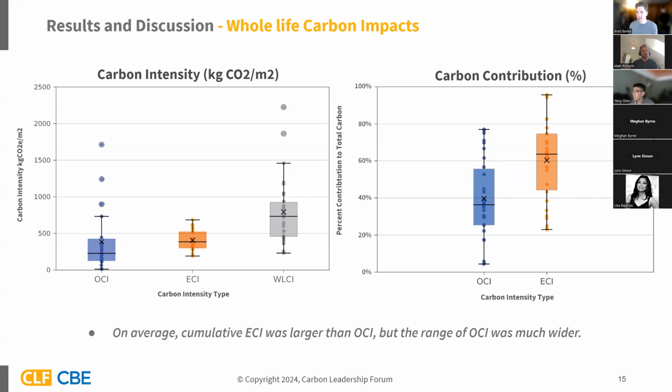For the figures on the right, even within the limited physical scope of structures and enclosures, on average the embodied carbon contribution to the whole life carbon could reach about 60%, which highlights the importance of embodied carbon. But the variability of the contributions depends on the specific type of building.